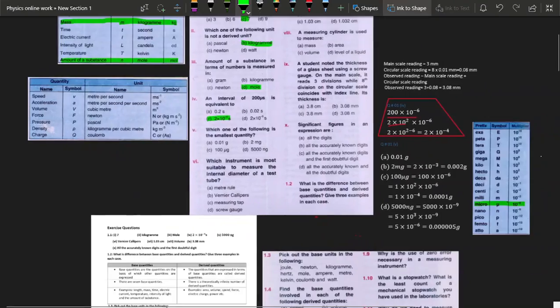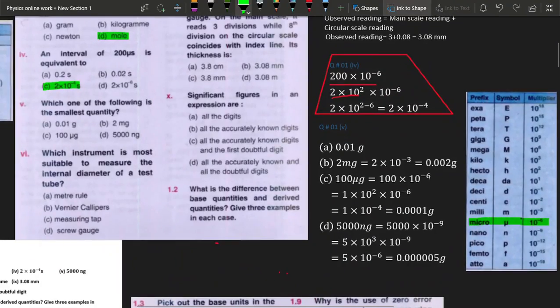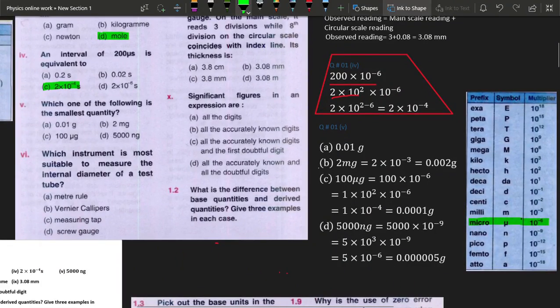Now option B is 2 milligrams. Milli means 10 raised to power minus 3, you can see on this table. So 2 into 10 raised to power minus 3.